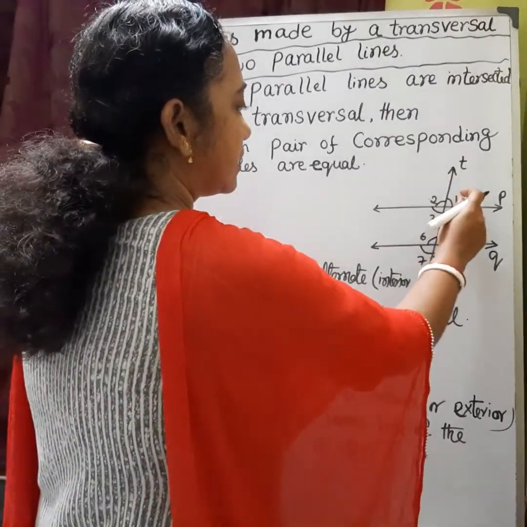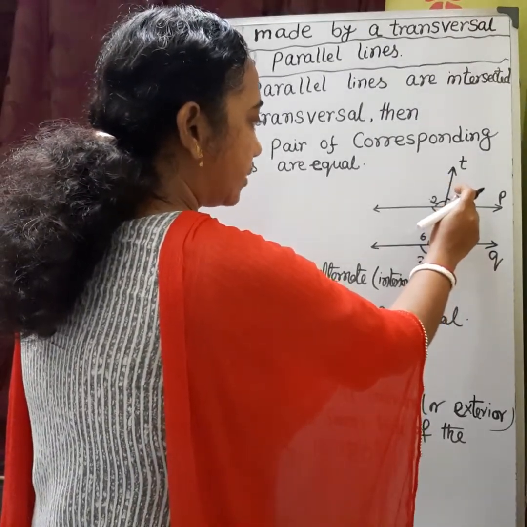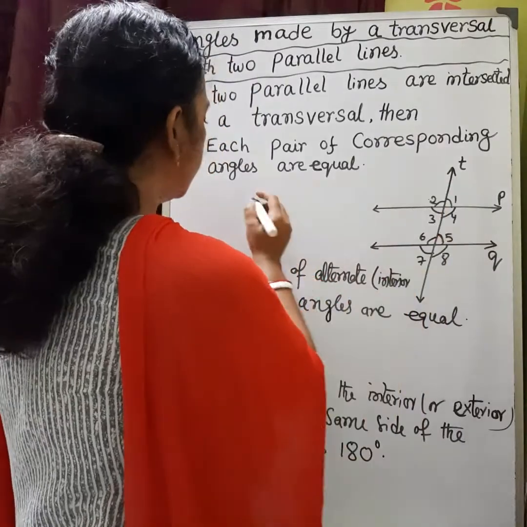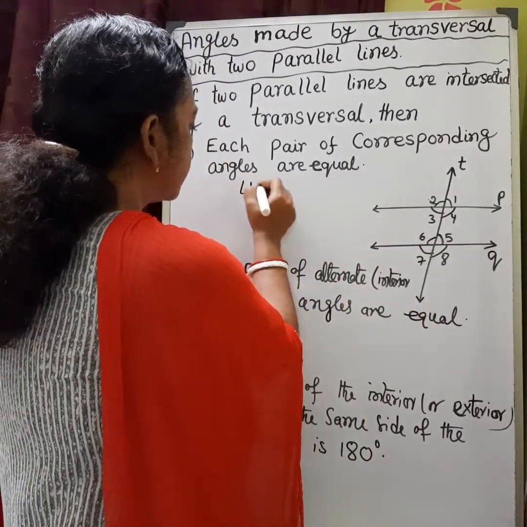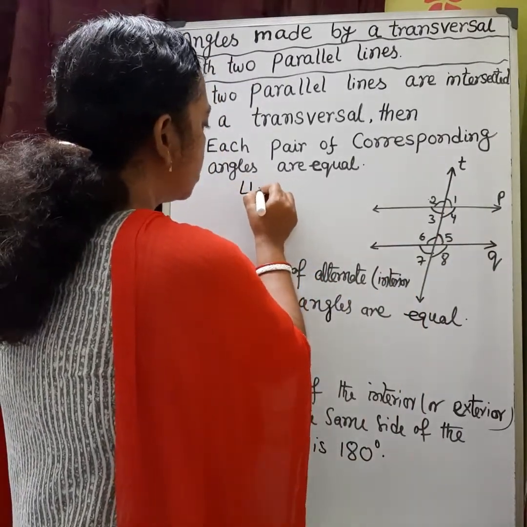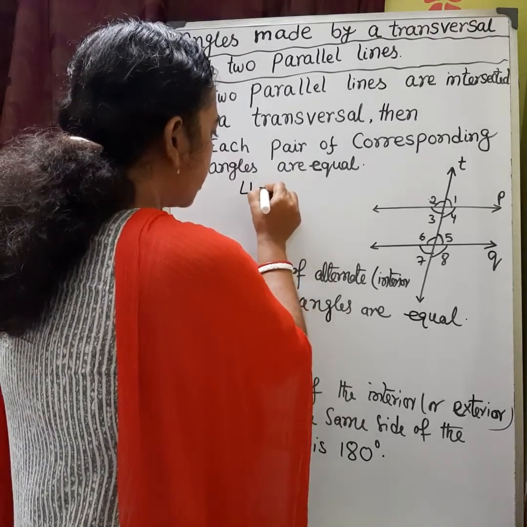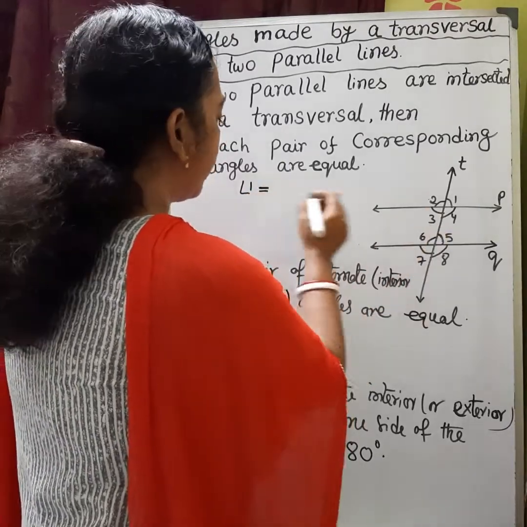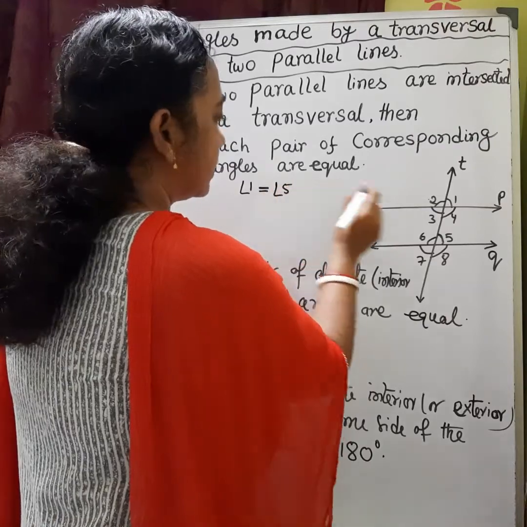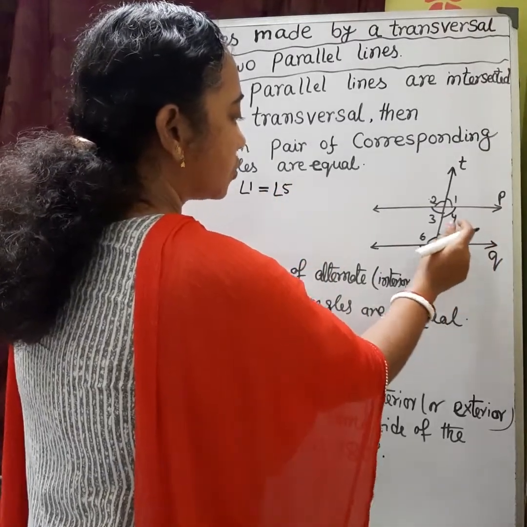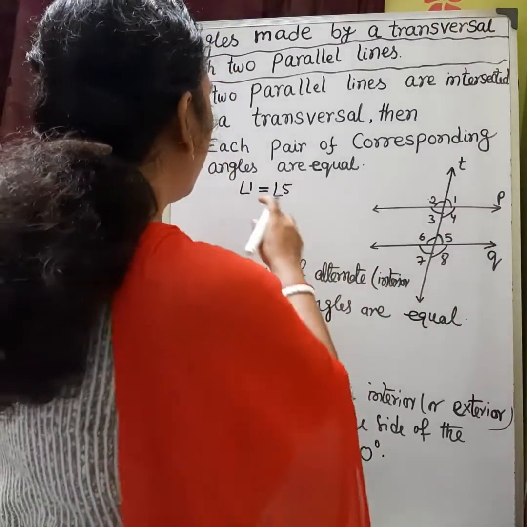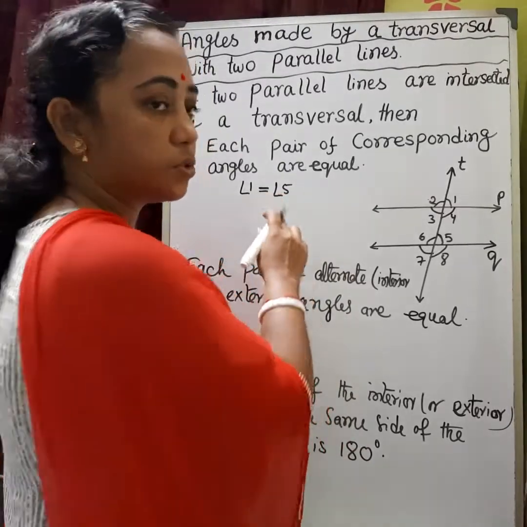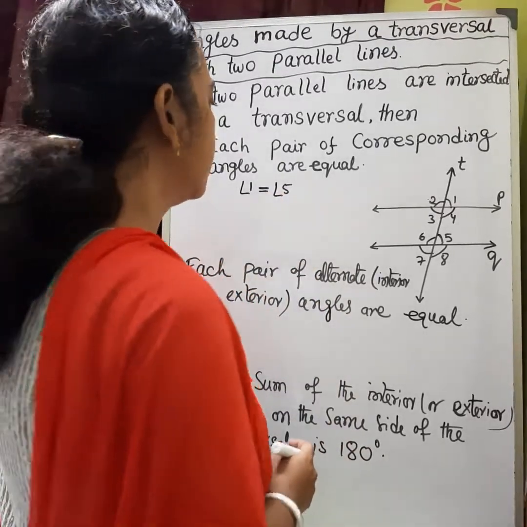If we consider angle 1, that is above the line P, then this angle will correspond to which angle? That is angle 5, because this is on the second line Q and it is also above the line. So, angle 1 is equal to angle 5. These two angles are corresponding angles.